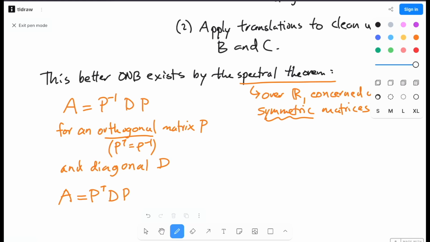And so by substituting that back into our expression from before, we have X transpose P transpose DP X, where A used to be, plus, as before, Bx plus C.